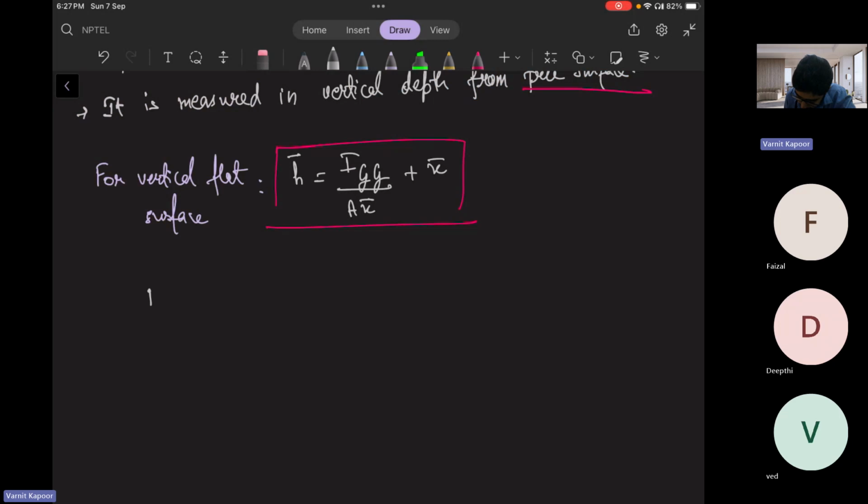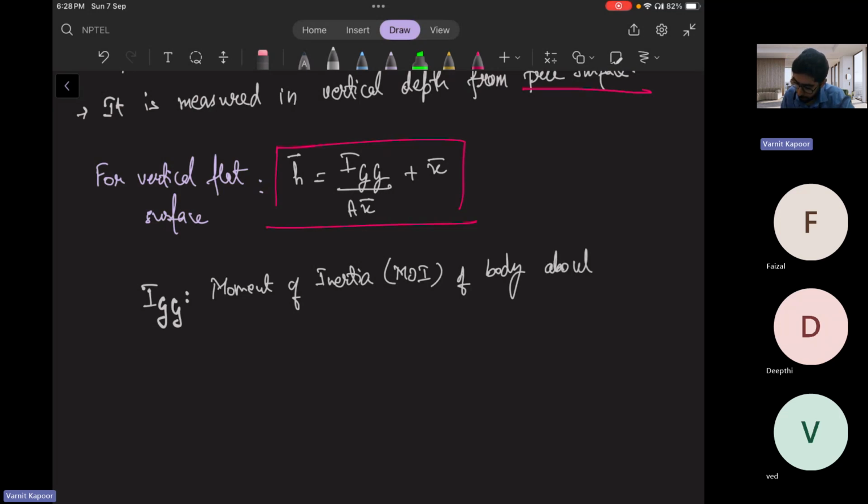So Igg is the moment of inertia, basically MOI, of the body about the centroidal axis parallel to the free surface.